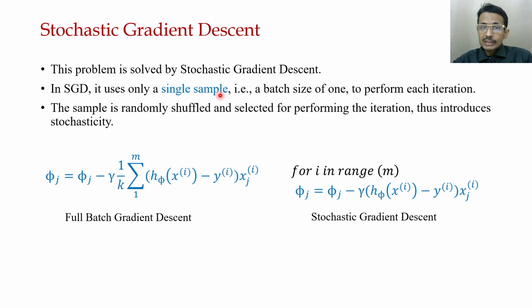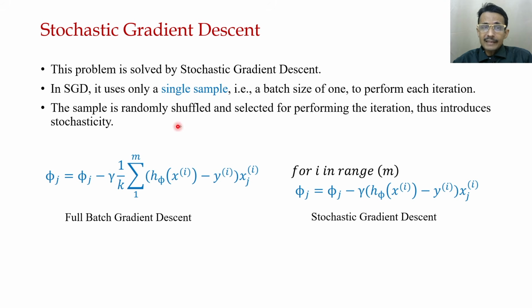Now there is the question of choosing. That choice is a random choice, and that's why it is called stochastic. We stochastically, or randomly, choose a single sample out of the full batch. So among all the m samples, however big m is, we take a single sample. So we can say our batch size is 1 for performing each iteration.